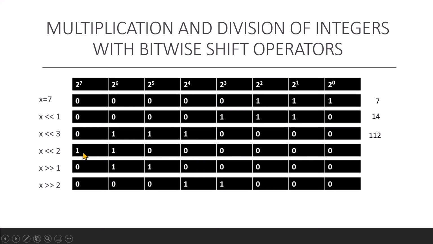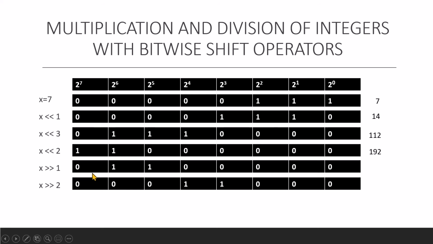What's the value now? 128 plus 64, that's 192. We should have had the value 256 plus 128 plus 64. And if you do that calculation, it would be 448. Minus 256 would give us 192. Okay, so that's because we've lost that information.